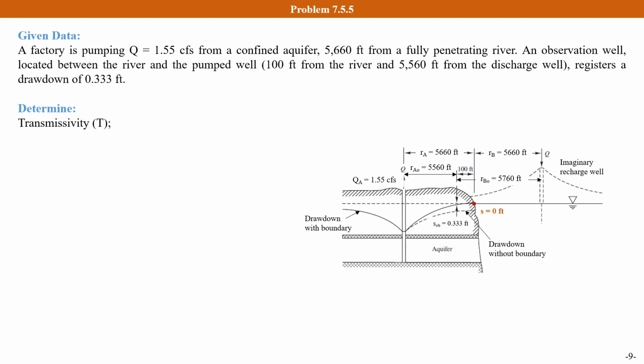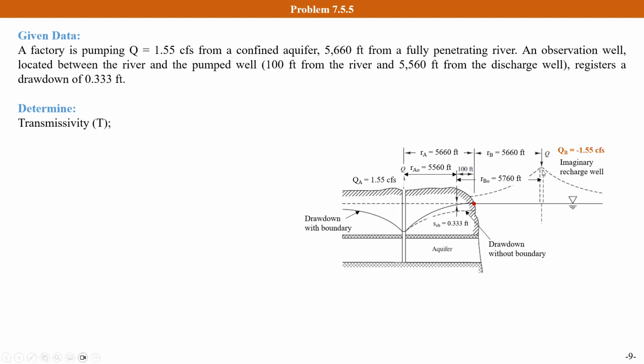Based on the plot on the right-hand side, we can also see that the solid line represents the drawdown with the boundary, which means the drawdown in reality. The dashed line represents the drawdown without the boundary, which means that if there is no boundary, there should be a drawdown at this point. So when we do not consider the boundary, we should assume that there is another imaginary recharge well on the right-hand side with a flow rate equal to negative 1.55 cubic feet per second.